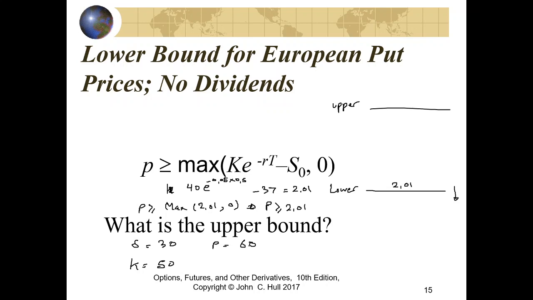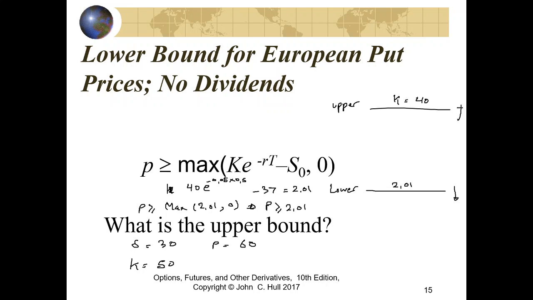So, will you be willing to pay 60 for receiving 50? Logically speaking, if you're a rational person, you will not be willing to do this, because you will never profit from exercising the put option. So the maximum you will be willing to pay for a put option is the strike price. That will now be the upper bound, which in our case is 40.